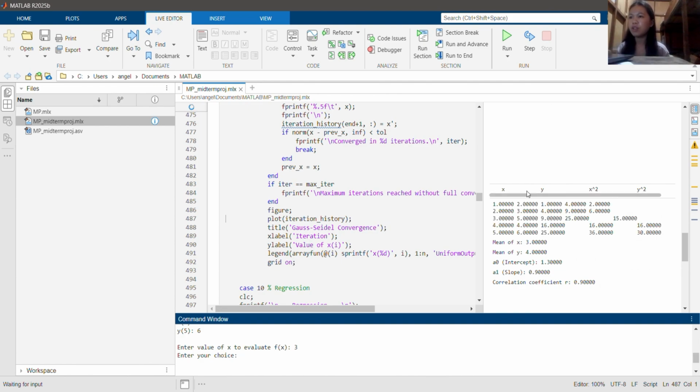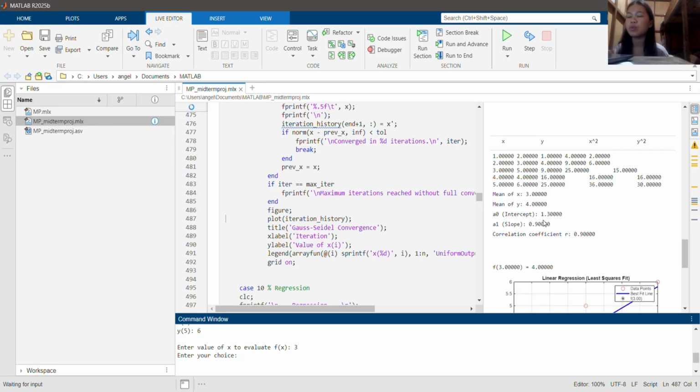Here's our table for our linear regression. This is x squared and y squared. The mean of x is 3 and the mean of y is 4.